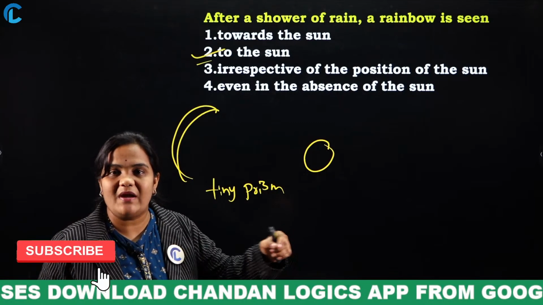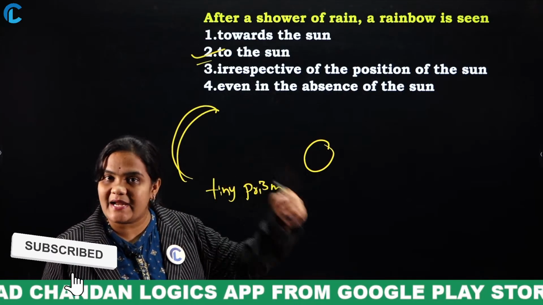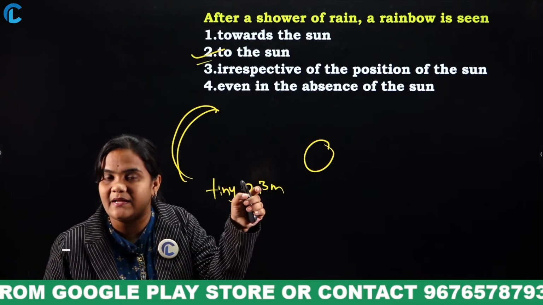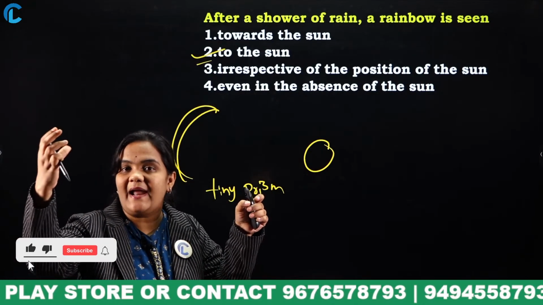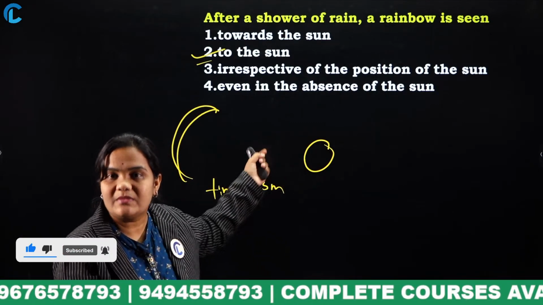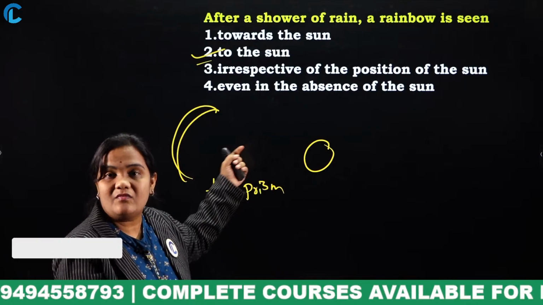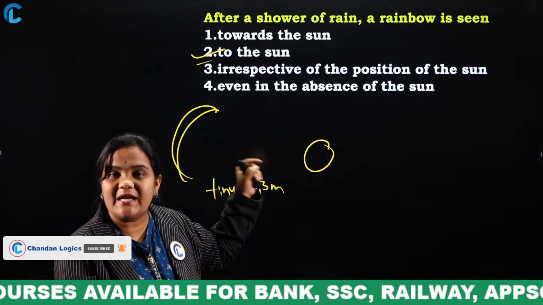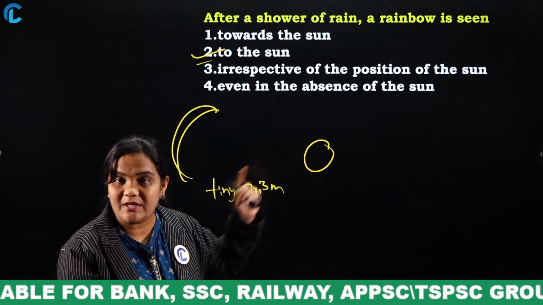In a similar way, after the rainfall, the rain droplets which are present in the air, when sunlight is passed on them, emit a rainbow. So after a shower, the rainbow will always be opposite to the sun.